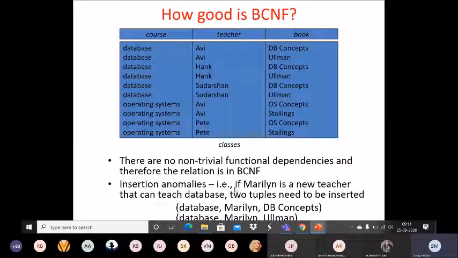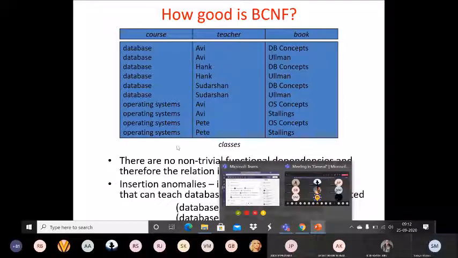Why? Think about if Marlene is a new teacher who can teach database. So Marlene wants to teach database. Then two tuples we need to insert: database Marlene DB Concept, database Marlene Ullman.